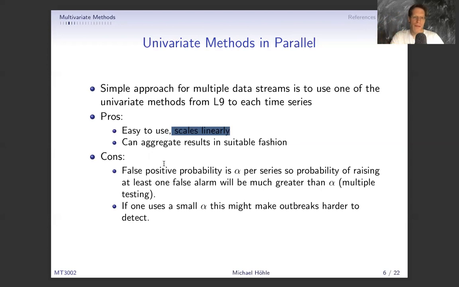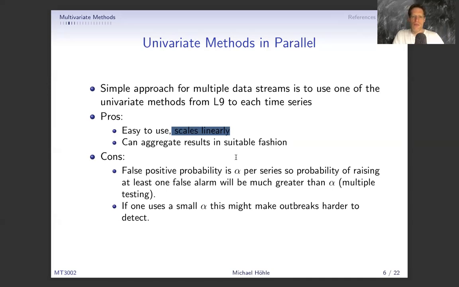On the downside, of course, and I already touched on that, is the false positive probability. So the probability to get a false positive is alpha at each time per series. But since you're monitoring p time series jointly, it's going to be the probability that you will get an error overall, at least one error, for your time series, depending on, of course, how you aggregate, but let's go on the lower level.